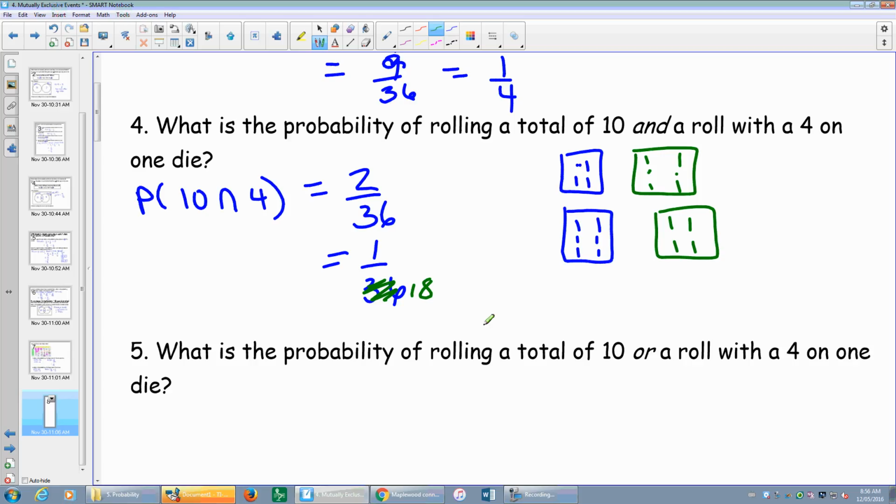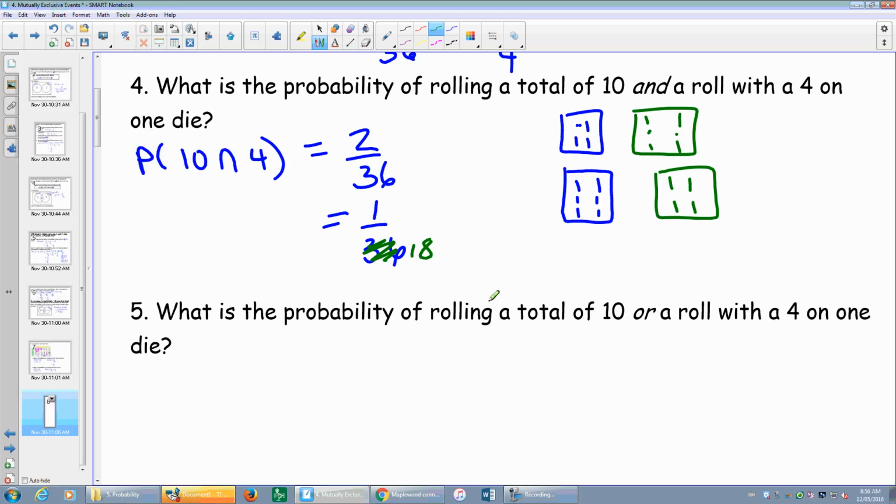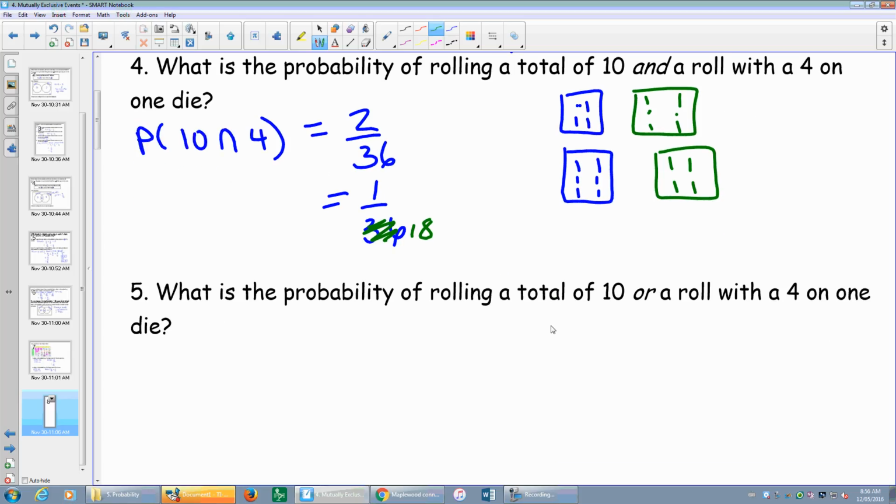Okay, so our final question of the day is, what is the probability of rolling a total of 10 or a roll with a 4 on one of the die?